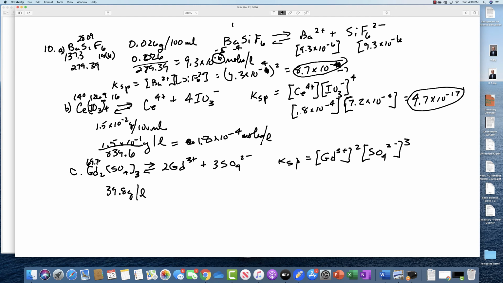This is 69.7, and take my word for it, sulfate is 96. It's 4 times 16 is 64, plus 32 is 96. So this is 427.4 grams per mole.